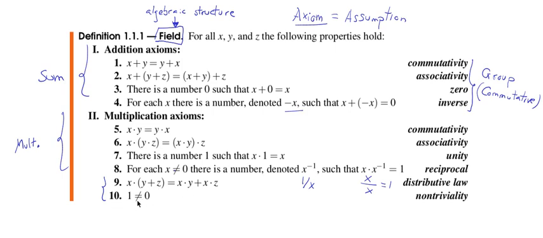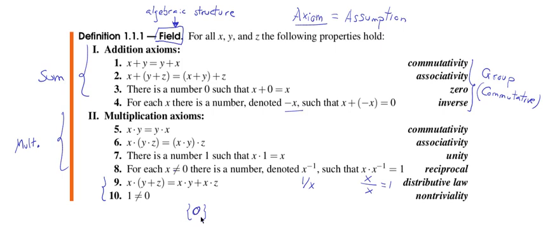And then the last one is that 1 is not equal to 0. The 0 of the sum is not the same as the 1 of the multiplication. If that was the case, then the only set that fulfills these properties is the trivial set 0.